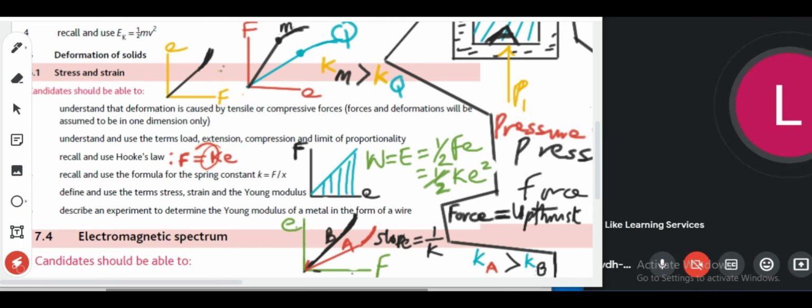K is the spring constant, E is the extension. So if F is equal to Ke from Hooke's law, then instead of F, we substitute Ke. The equation will change to half Ke squared. What I mean is, for this F, we change this F to Ke.